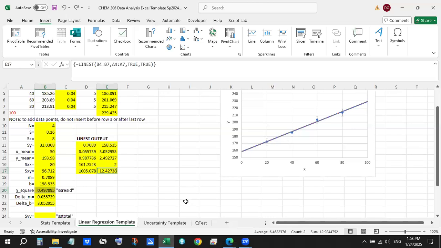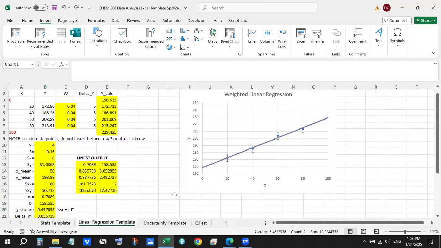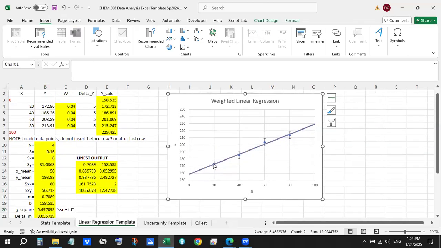One other thing you'll notice about this chart right here is that it has these error bars, okay? So that's basically plus or minus the uncertainty. So this is plus or minus 5. So this is 172.8 plus 5, and then down there 172.8 minus 5.